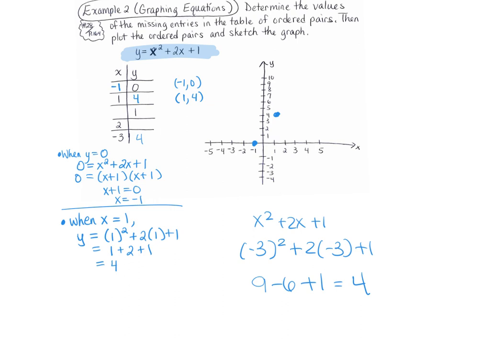Negative 3, comma 4. Good. And then you're going to graph it. So it will be -3 on the x-axis, and then 4 on the y-axis. Which gets you right here.